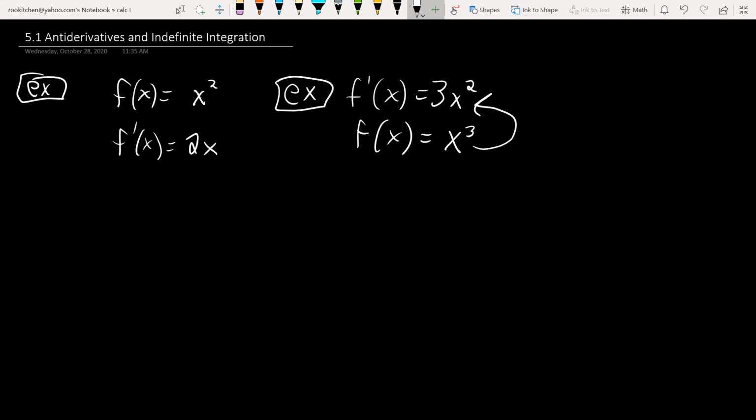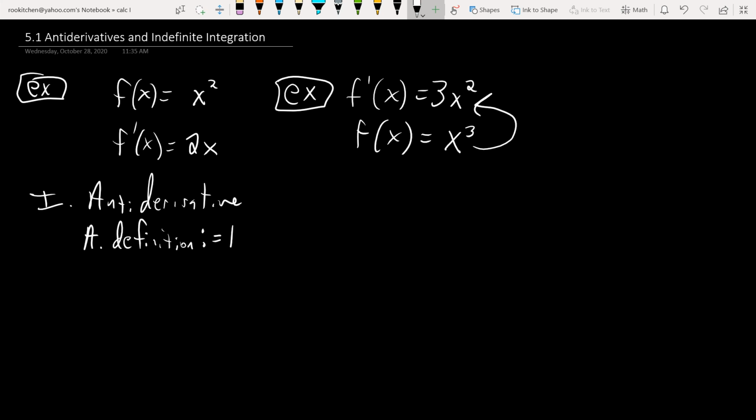Right. So let's get in here and take a look at the antiderivative. We should get a nice definition from the book so we don't abuse our ideas of what's going on.